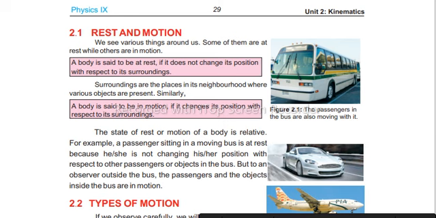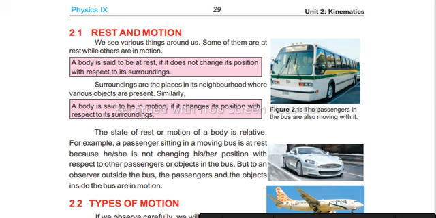For example, a passenger sitting in a moving bus is at rest because he or she is not changing his or her position with respect to other passengers or objects in the bus. But to an observer outside the bus, the passengers and the objects inside the bus are in motion.